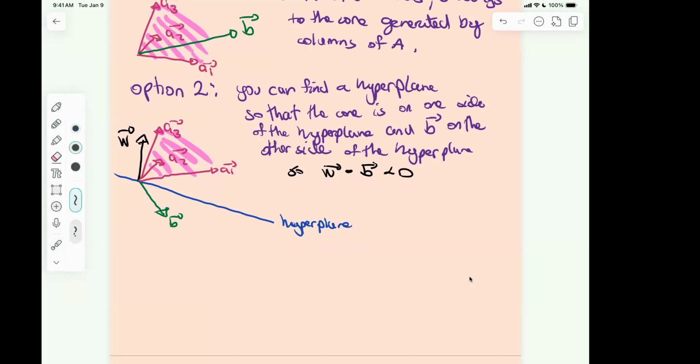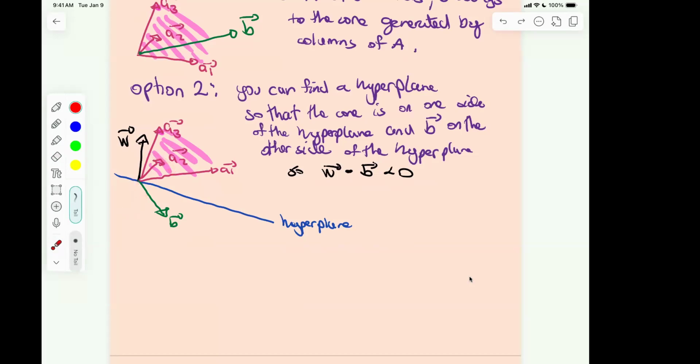You can choose it so that, because they're on separate sides, this is a convention. If I had put the W pointing this way, then the angle would have been acute, but then the angle with the others would be negative.